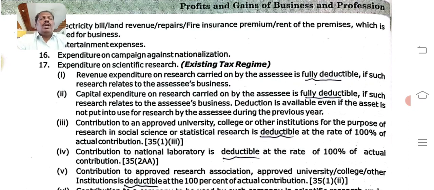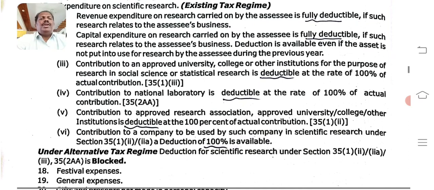Contribution to an approved university, college, or other institution for the purpose of research in social science or statistical research is deductible at the rate of 100% of such contribution. Contribution to a national laboratory is deductible at the rate of 100% of actual contribution.